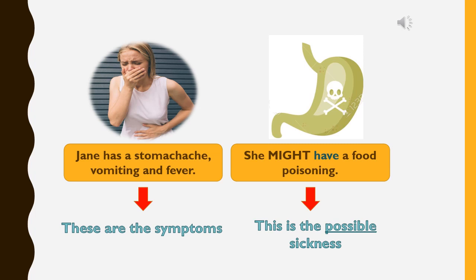Food poisoning is a possible sickness, but we are not sure that she really has food poisoning. Only a doctor could say that. So that's why we say that we use might when we are going to talk about possibility.